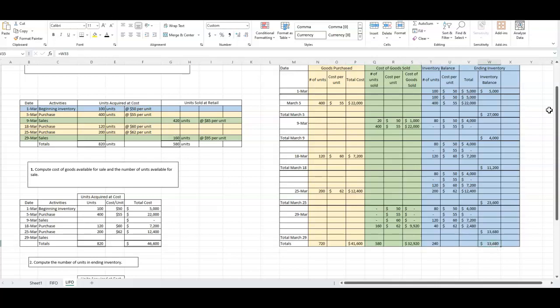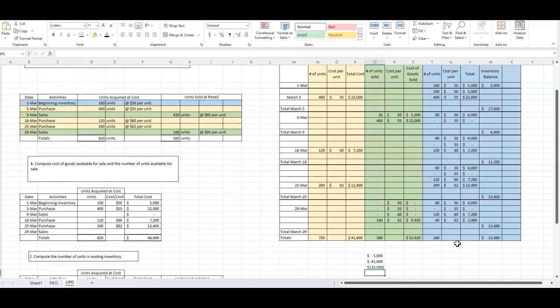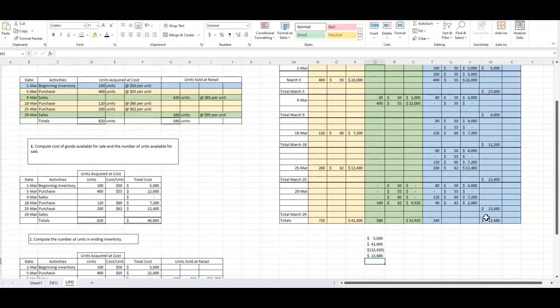So we should be able to take, again, beginning inventory plus purchases minus cost of goods sold equals ending inventory, right? So beginning inventory, purchases, let's see what we got. 13,680.